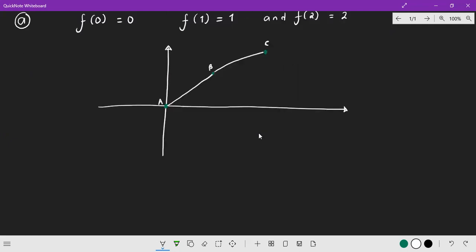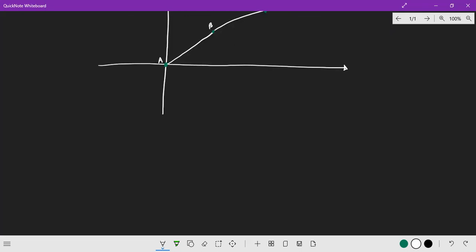The first spline, we call it S naught. So S naught of X, for a cubic spline, is given by A naught, these are the coefficients that we need to find, plus B naught times X minus X naught, plus C naught times X minus X naught squared, plus D naught times X minus X naught cubed.